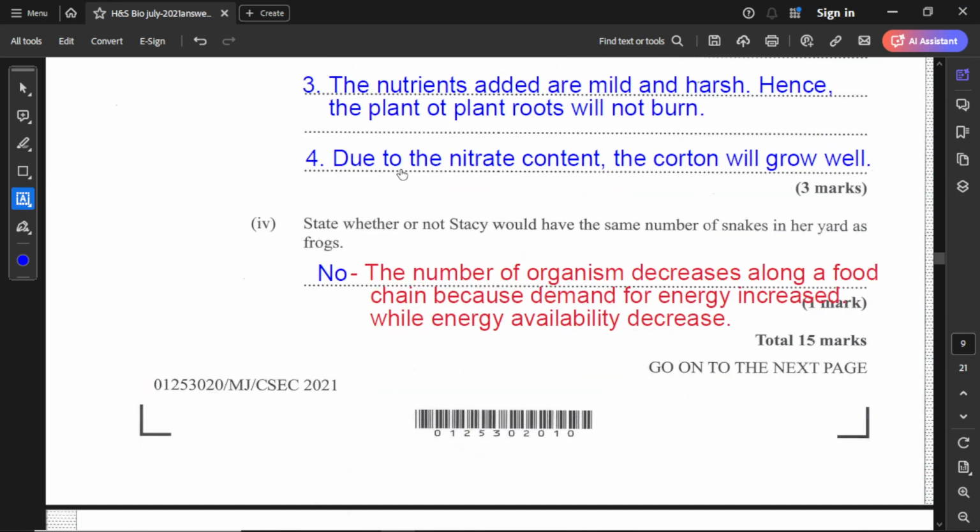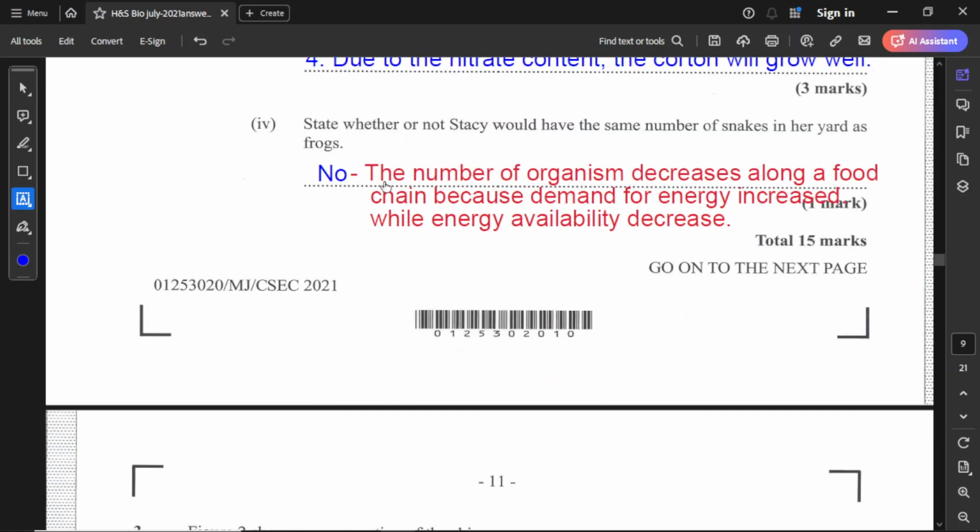All right, number 4. So due to the nitrate content, the cotton will grow well because nitrogen from nitrates will cause quicker growth and development. Because again, nitrates in plants will be converted into proteins, and of course, proteins make cells, and the more cells you have, the faster the growth. All right.